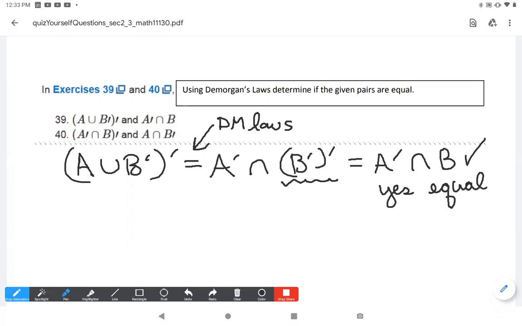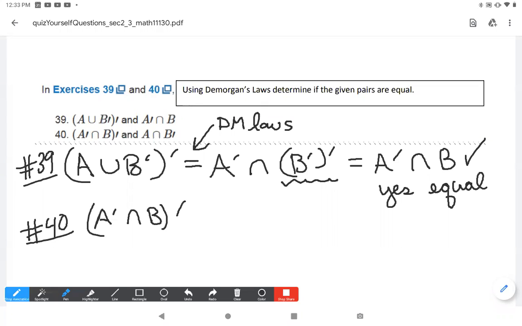By De Morgan's law. Now, number 40, we're going to use the De Morgan's law from the last quiz yourself. Start with the left-hand side, apply De Morgan's, which is to say, distribute the negation, flip the operation.